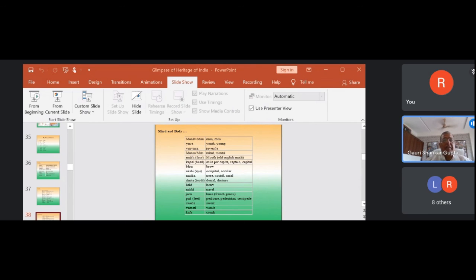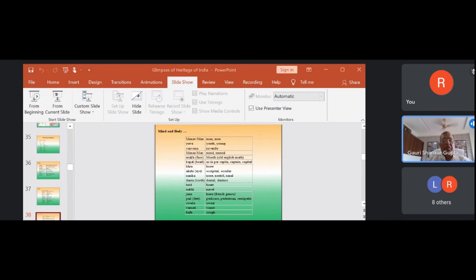Then same thing is manas, mind, man. Mukh is the face, it becomes mouth in English. Kapal is head, it becomes capita, captain, capital. The thing which is at the higher side of the body, that is what is kapal. Bru is brow. Akshi is also a word for eye, and then we use it in occipital, ocular, and that is for European languages.